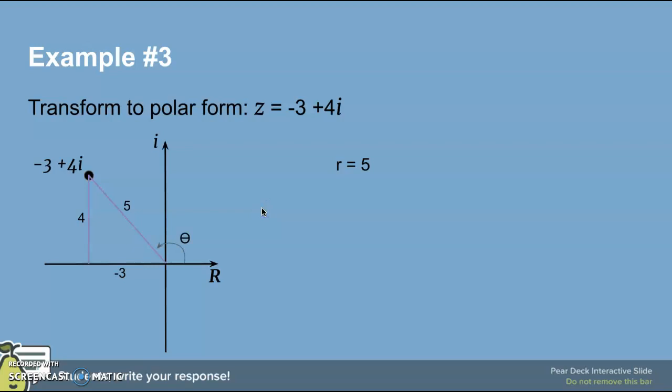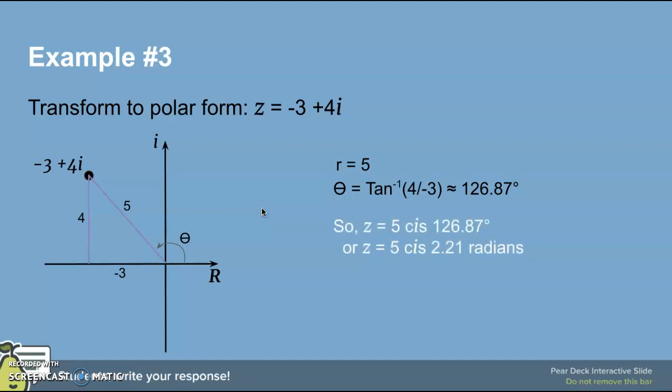If I look at its reference angle, that's inside the triangle, and if I use the opposite and adjacent sides, the tangent of the reference angle theta is 4 over -3. And see, the 126.87 degrees is more than an acute angle. That is in fact the angle I'm looking for. So z equals 5 cis 126.87 degrees. If you convert that to radians, it's 2.21 radians.